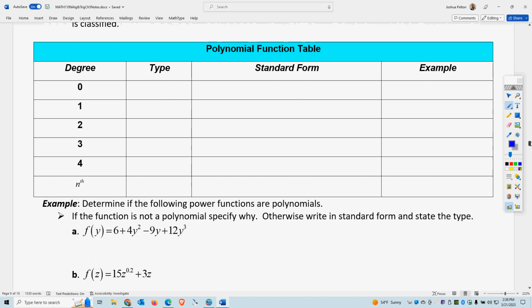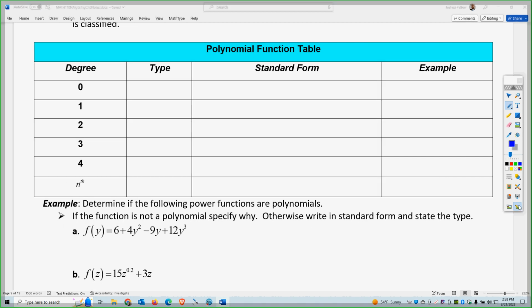Okay, so let's do some basic examples. If it's degree 0, that is known as a constant. The standard form would be y equals a sub 0 x to the 0, or something like y equals 5. That would be a constant function. First power is known as linear: y equals a sub 1 x to the 1 plus a sub 0 x to the 0, like y equals 2x minus 3.